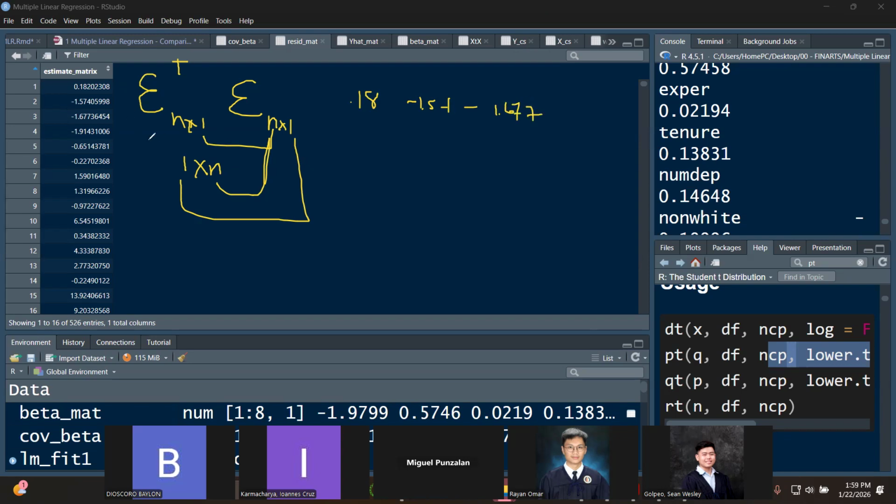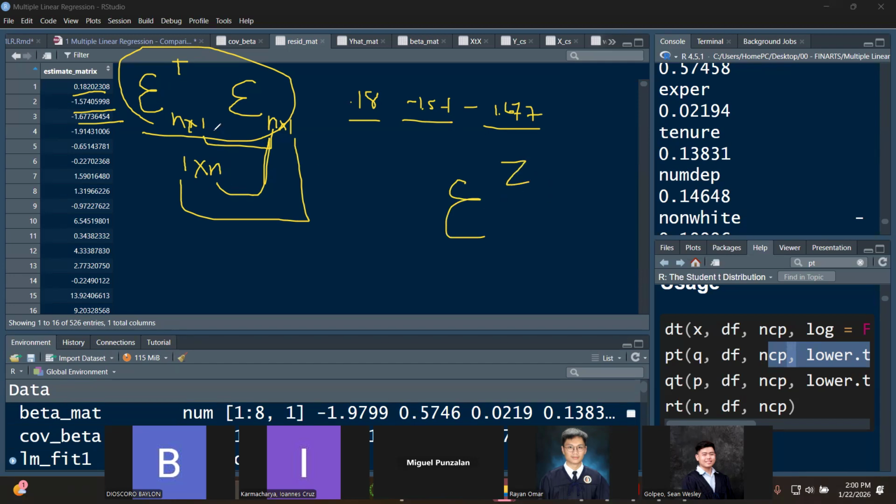So if I get the cross product of this one, class, what I'm doing actually is multiplying the same elements, 0.18 by 0.18, negative 1.57 by negative 1.57, etc. So it's as if I'm getting the epsilon squared, right?